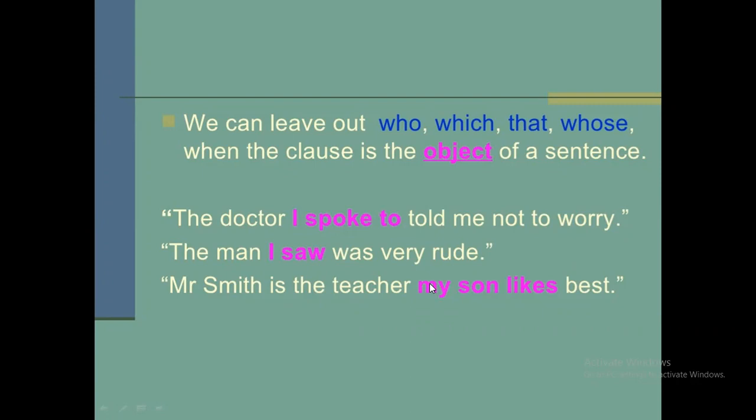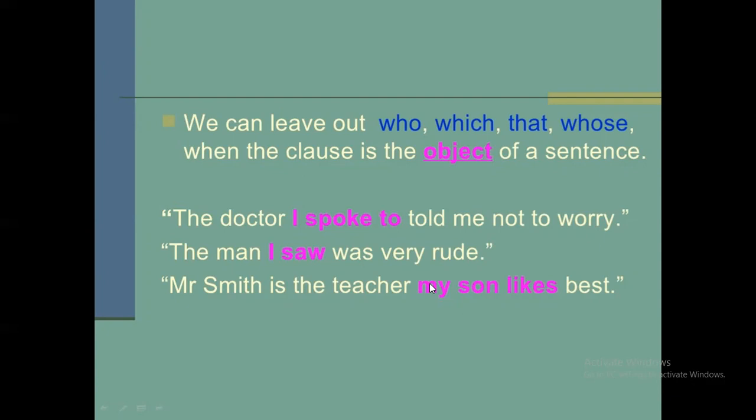Okay. Look here. The man I saw was very rude. كيف؟ وين الريلاتيف كلوز؟ أنا استغنيت عنها. ليش؟ لأنه بدي أوصف الأوبجكت. الكلوز اللي بدي أستخدمها هي عبارة عن وصف للأوبجكت.